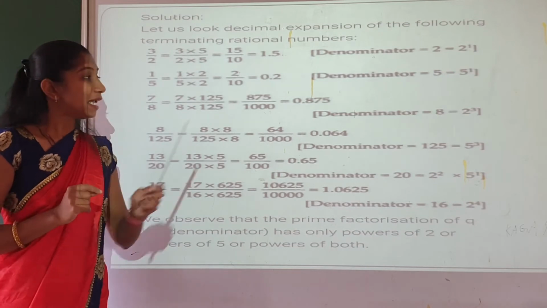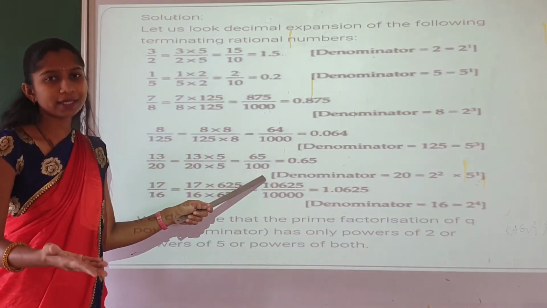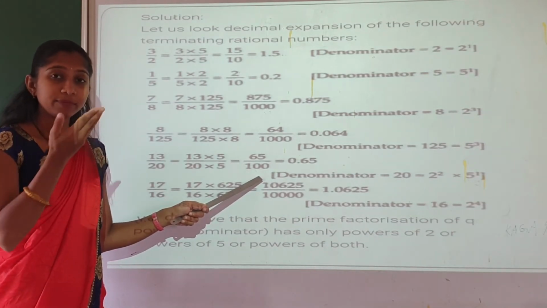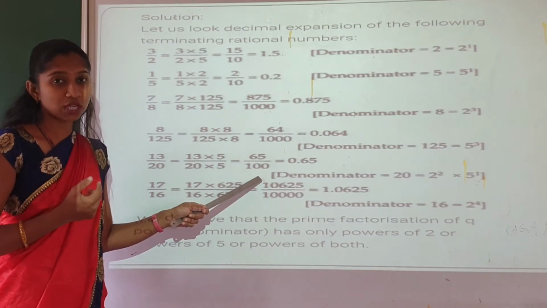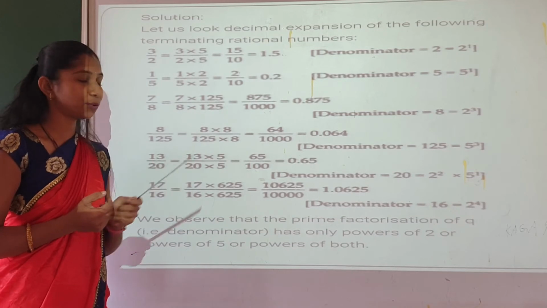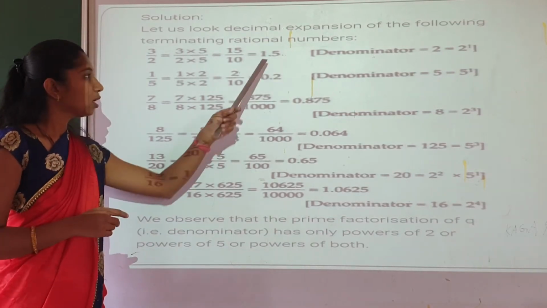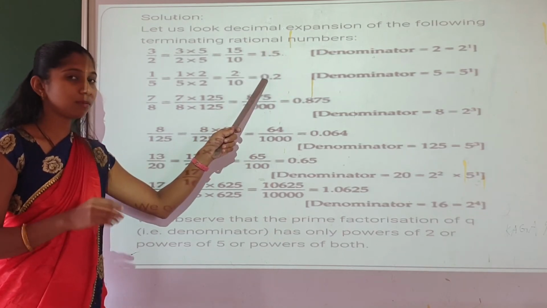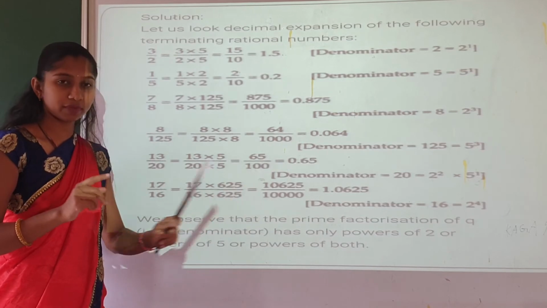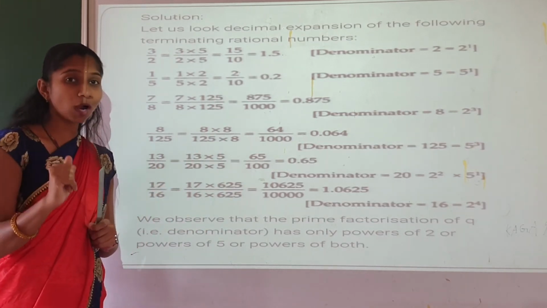If the denominator is 10, it's easy to write it in decimal expansion form. You studied this in lower classes in the decimal chapter. 15 by 10 is 1.5. 2 by 10 is 0.2. So you are getting a terminating decimal expansion. What is the condition? The denominator should be a power of 10. We want the denominator to be a power of 10, so what should we do?